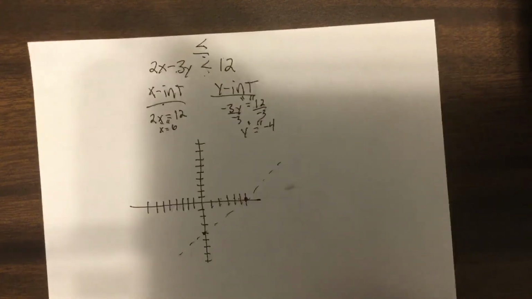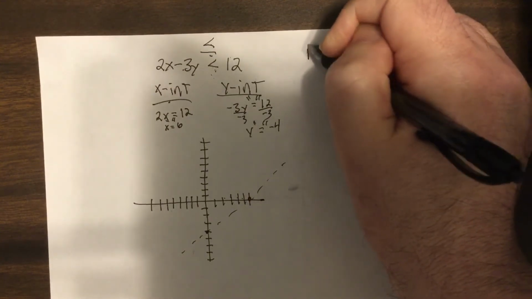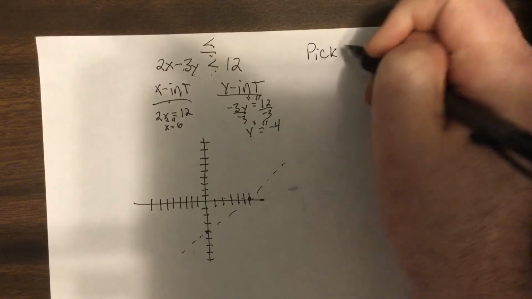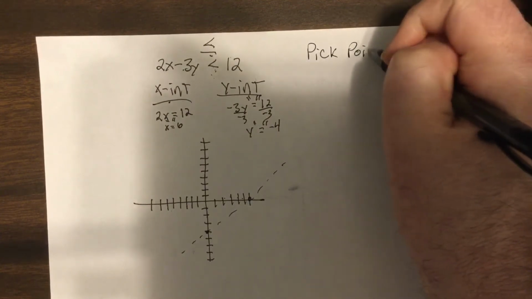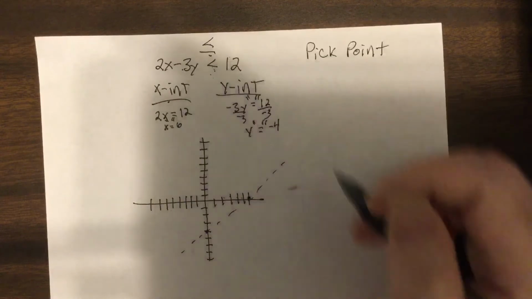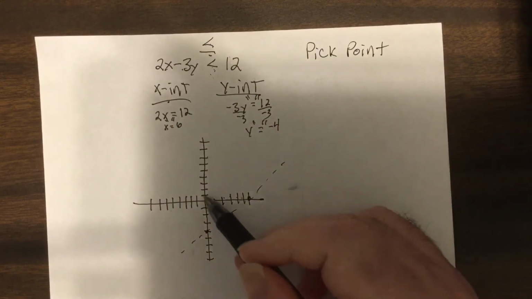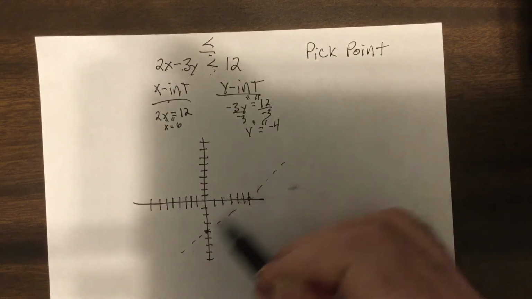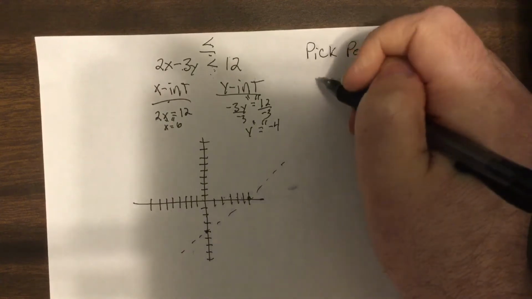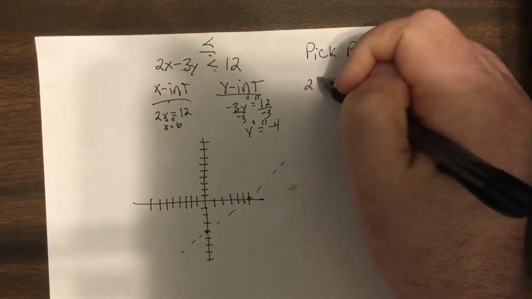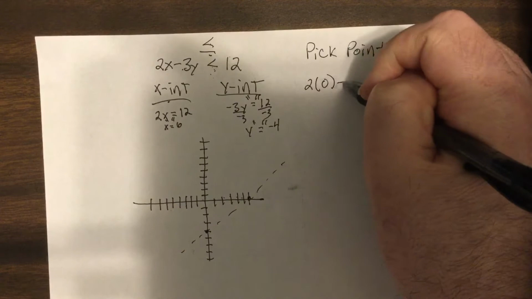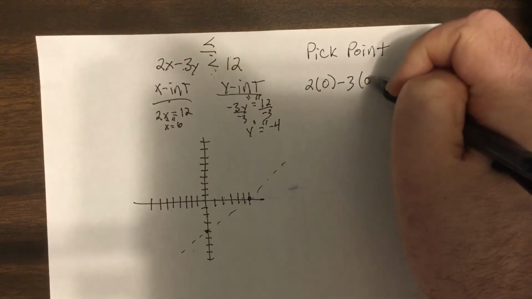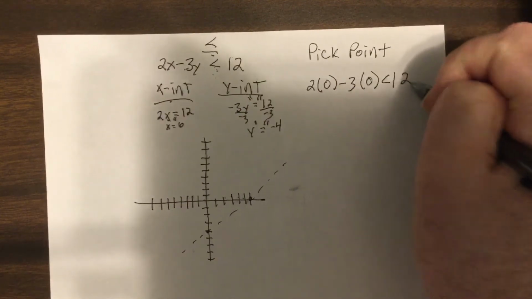To know what side to shade on, you do part 2, which is pick a point that's not on the line and plug it into the inequality to see if it's true or false. I'm going to do the origin, clearly not on the boundary. So I'm going to pick 0, 0, so I'd have 2 times 0 minus 3 times 0 is less than 12.